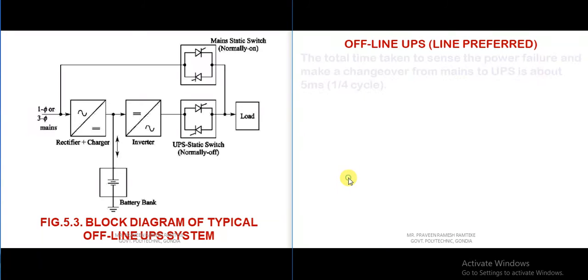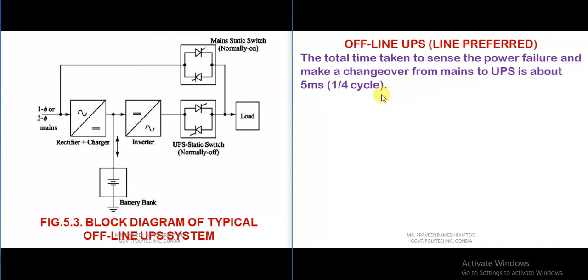Hence, the total time required to sense the power failure and to make a changeover from the mains to the UPS is about 1/4 cycle, and that is 5 milliseconds if the input frequency is 50 Hz, as in India.